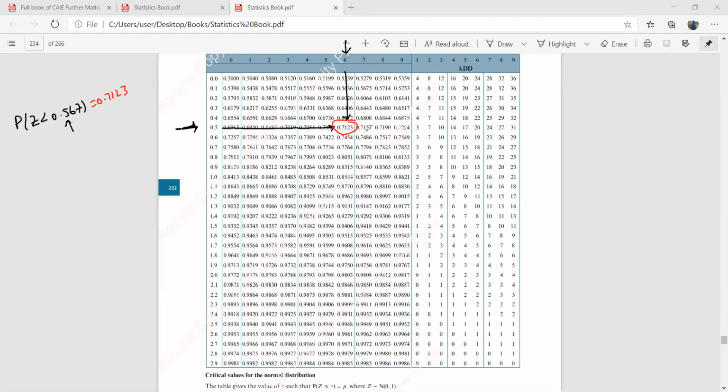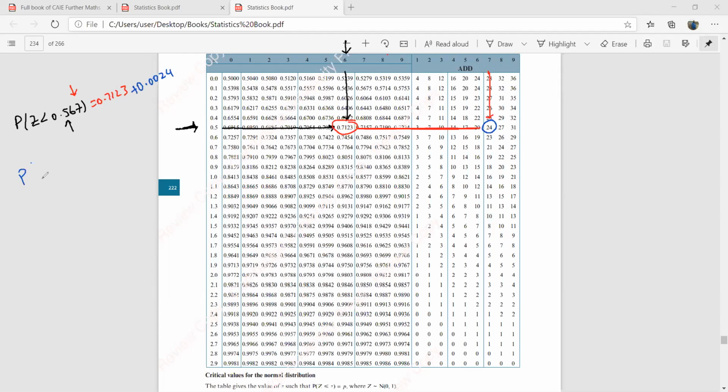Just wait. For the third decimal place, this 7, you go again and see what you have under this 7 here. You see that you have 2, 4. This 2, 4 would be written as 0.0024.